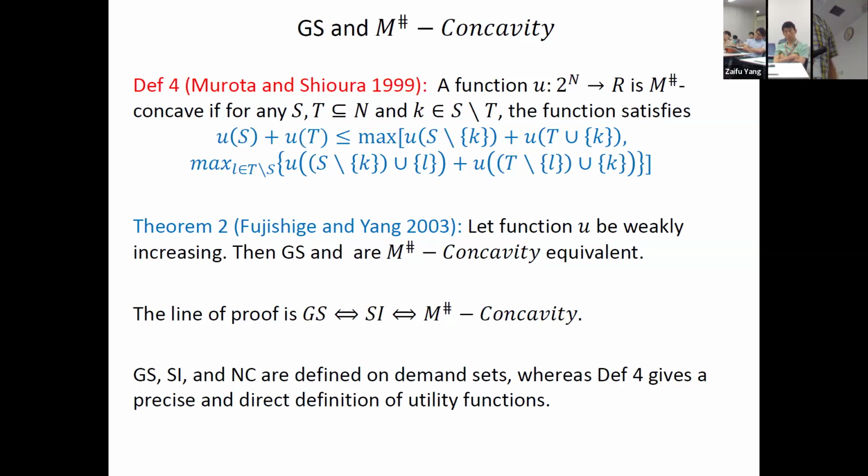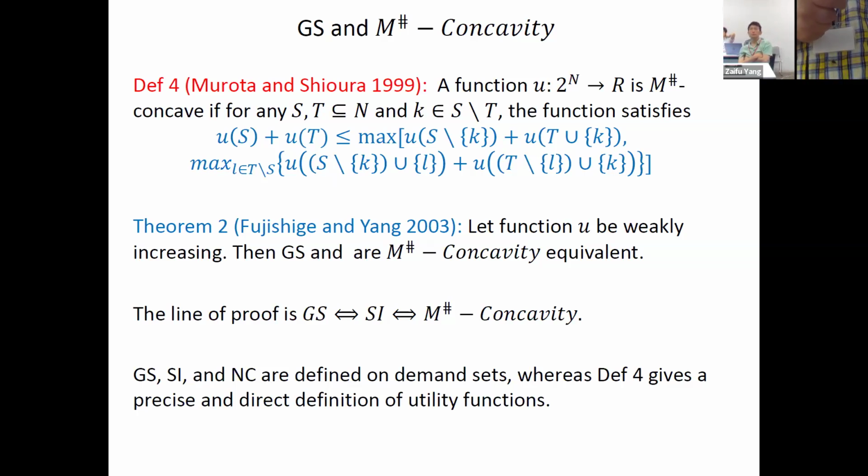Okay, so first Murota introduced what he called M function, defined on a hyperplane, but that function is not general enough. Then Murota introduced a much more general class of function, which is called M-natural.